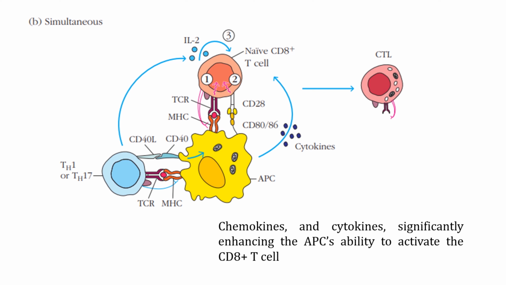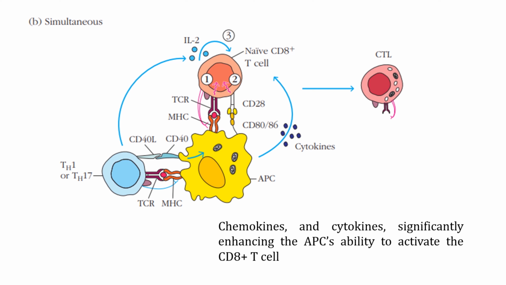So this happens simultaneously. One APC, the antigen presenting cell, expresses both MHC class 2, because the CD4 plus T cell receptor always binds to the MHC class 2 molecule peptide, and second, it presents another MHC class 1 peptide, which also binds with the naive CD8 plus cytotoxic T cell with its T cell receptor. So this is a simultaneous event.